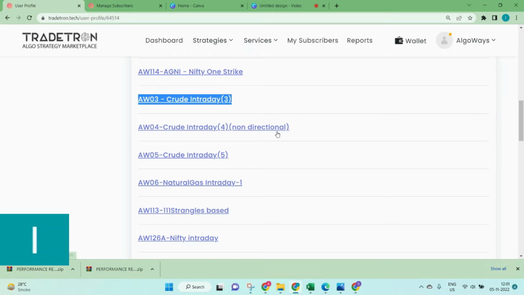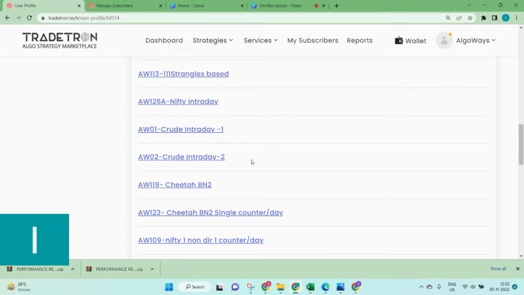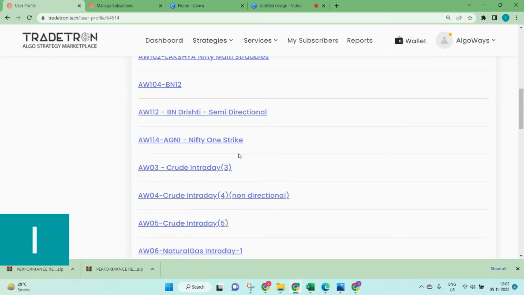These three are the strategies which were running since mid-August or so. And then there is the addition of two more strategies, strategy 1 and strategy 2, which also are running from August, but they have been made public a little late in October. So these are the 5 strategies right now.